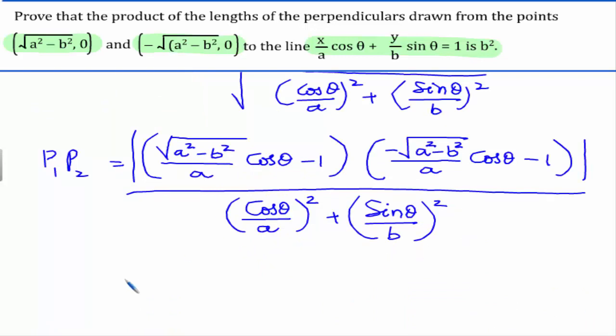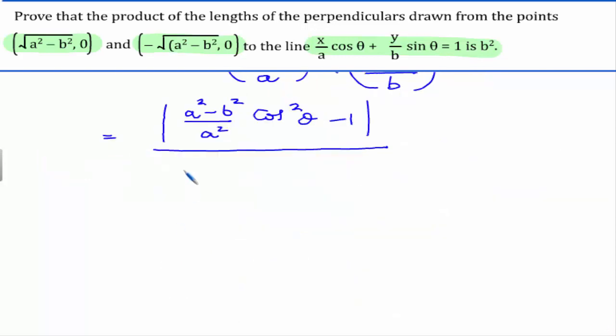And now when we multiply these two, we get (a square minus b square by a square cos square theta minus 1) in the modulus, and by this is cos square theta by a square plus sin square theta by b square.